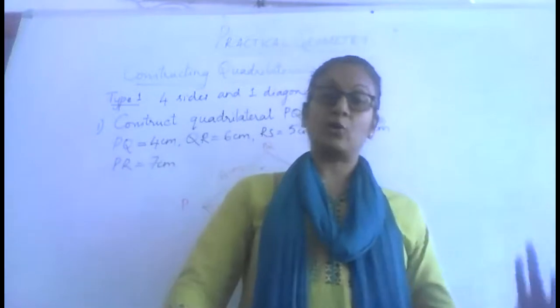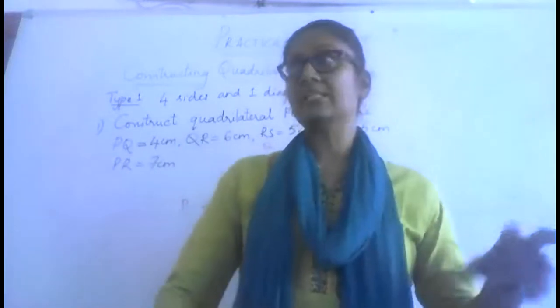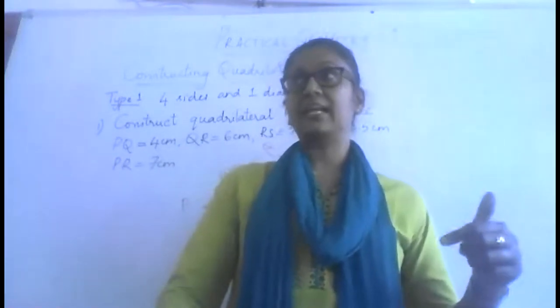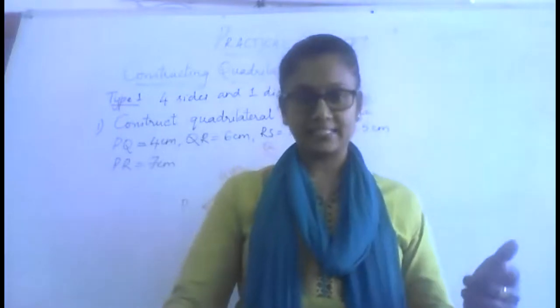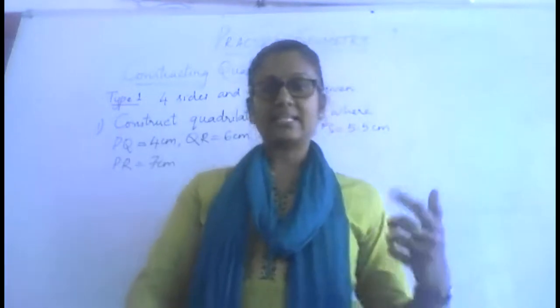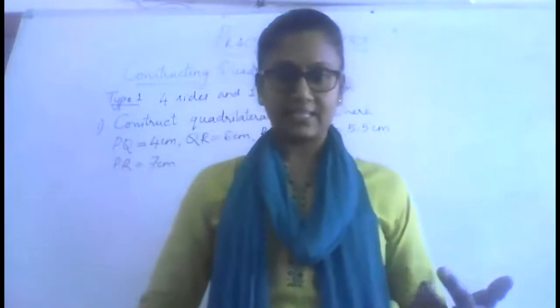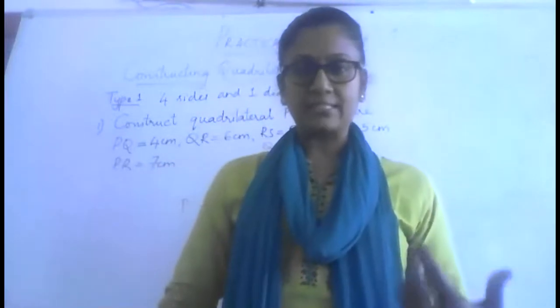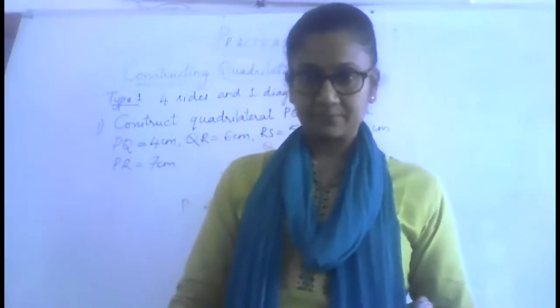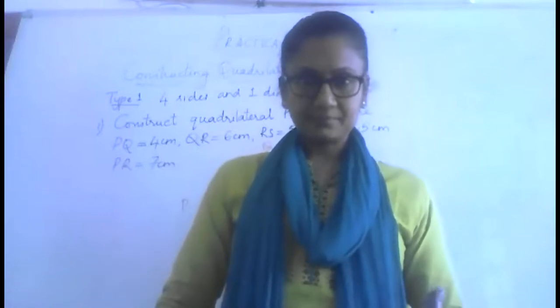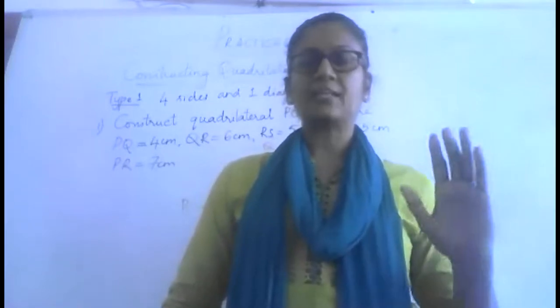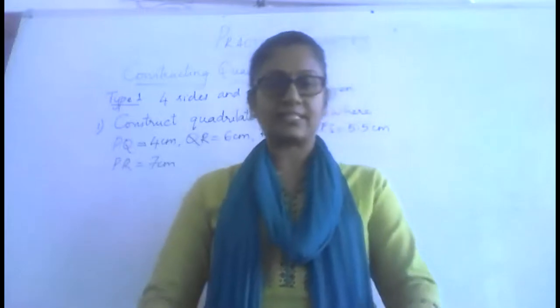Or sometimes you were also given 2 angles and the included side. In that case, it was the ASA criteria which you were using. And lastly, I remember, I think you had the RHS criteria also, where you were constructing a right triangle. Am I right? Yes, ma'am. Okay. Yes, so those were the requisites you had to construct a triangle.